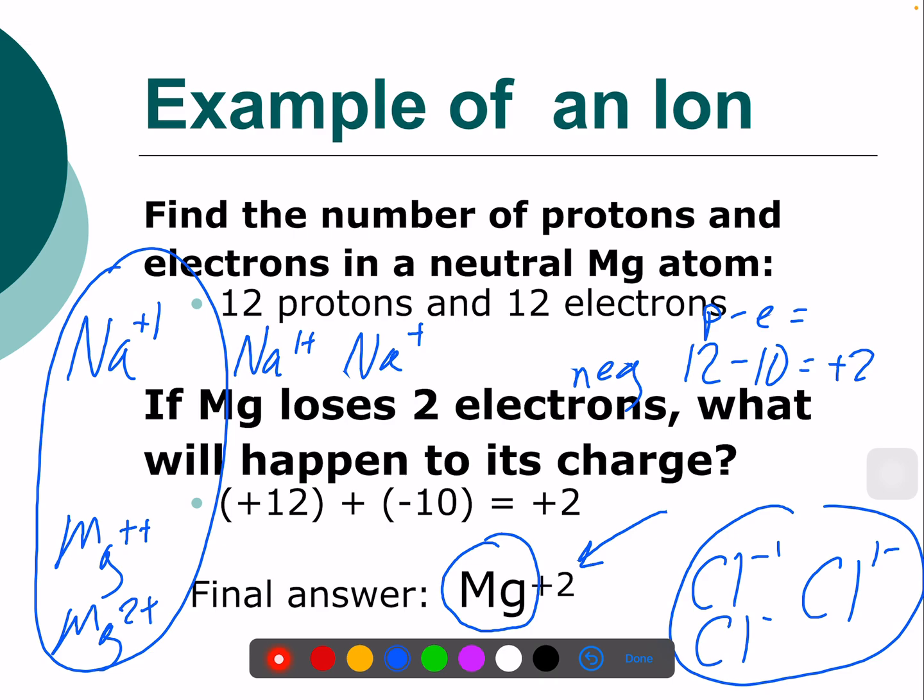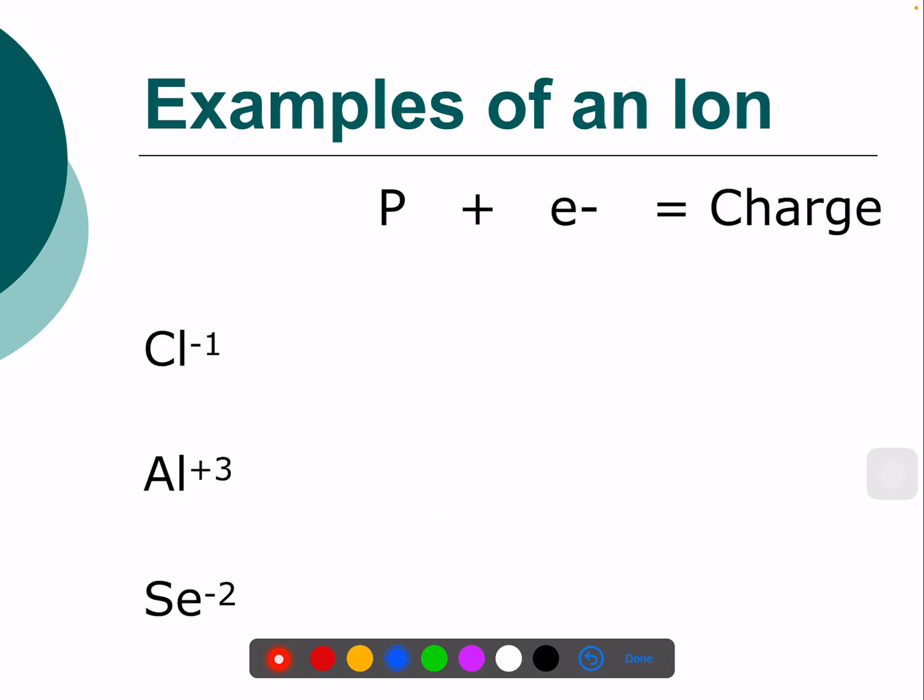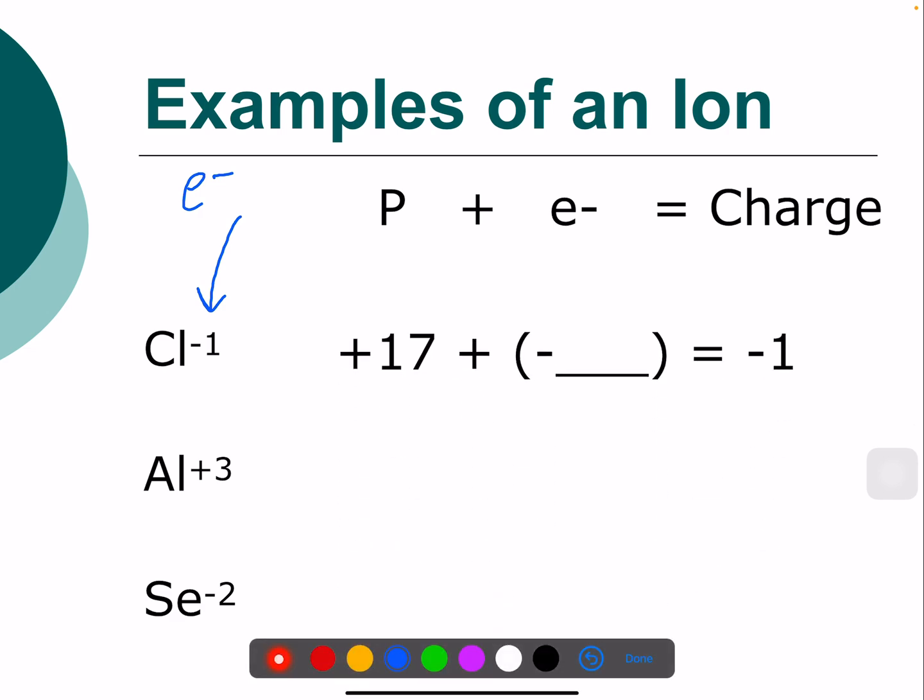So protons minus electrons gives you the charge. If we're looking at chlorine that has a -1 charge, that means this has more electrons than protons, because electrons are negative. There's one more electron than protons.